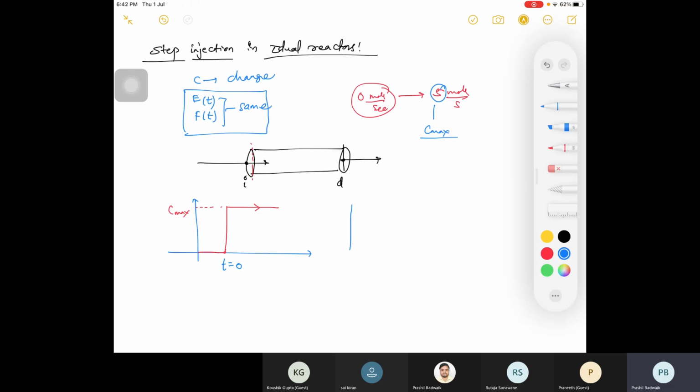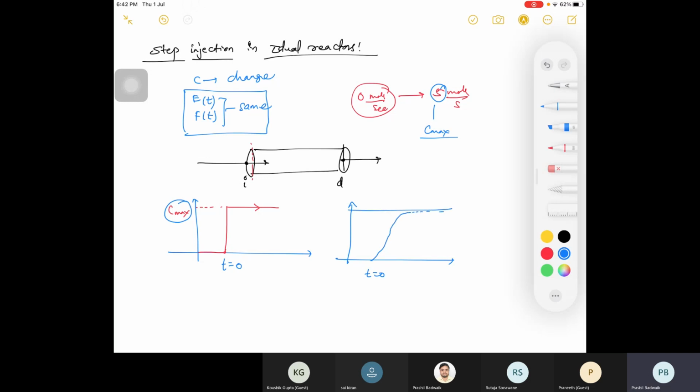So what will be your approximate output? At time t equal to 0 there is nothing, but after a certain time this curve will try to reach your C max value, right? There will be an increment in this value, and it will try to reach C max.